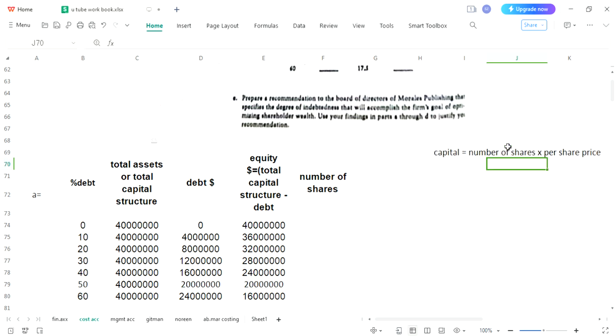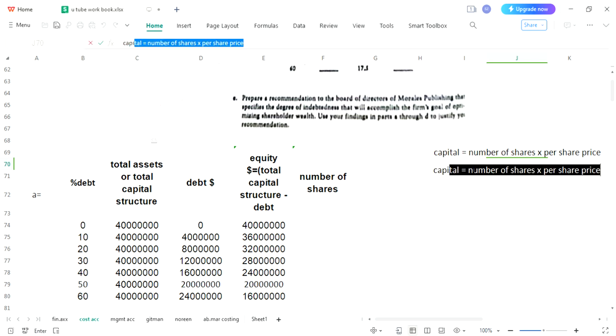Okay, look over here, the number of shares is being multiplied with it. When you want to take it to the other side of the equals sign, the sign would be changed. Here it is multiply. When you take it to the opposite side, it would be divided. So what we will get is capital. And now what we are going to do is take the number of shares to the opposite side.